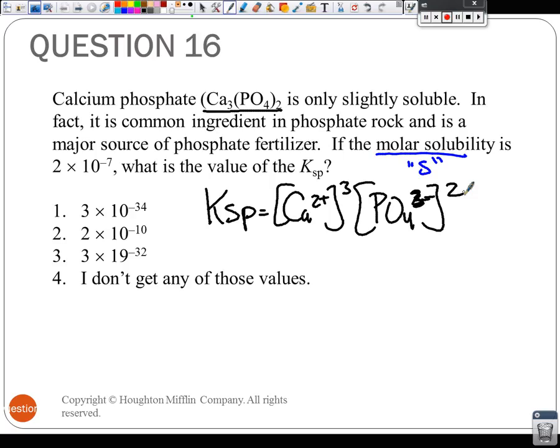Because think about it, if you take the subscripts and separate the compound, the subscripts turn into coefficients. Does that make sense?